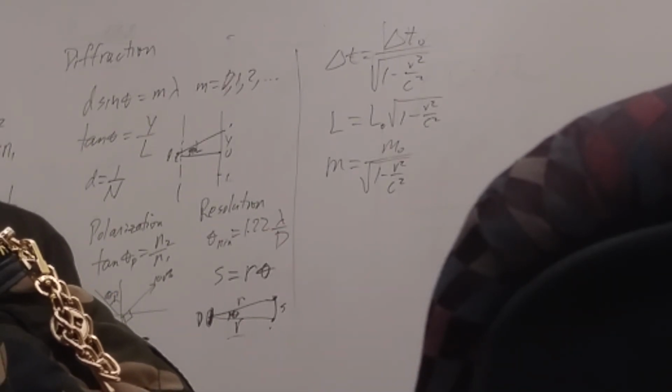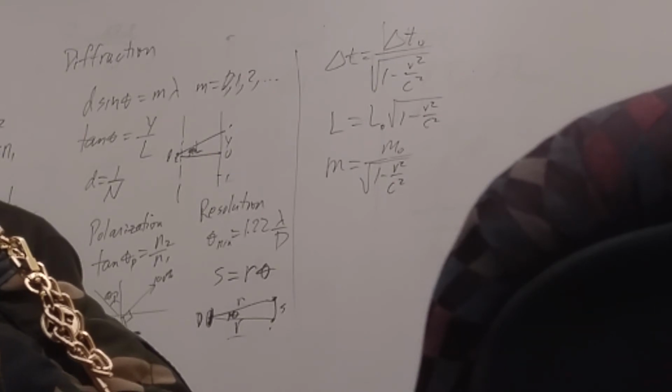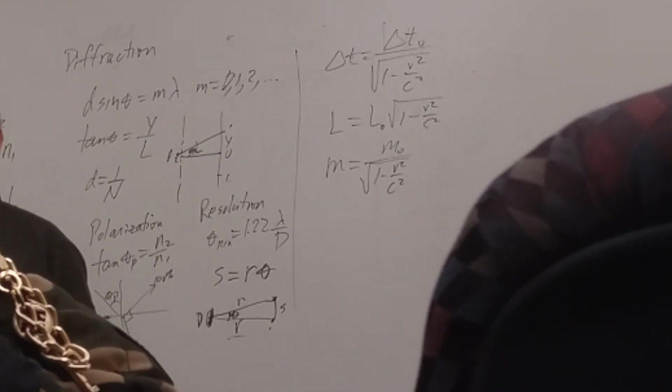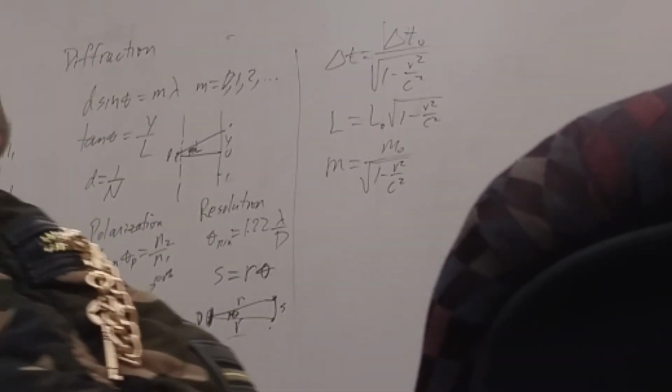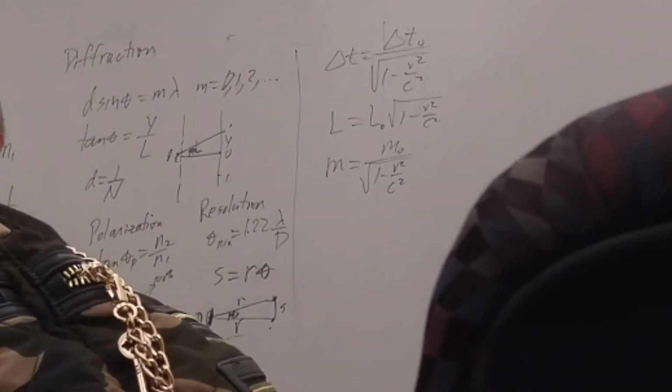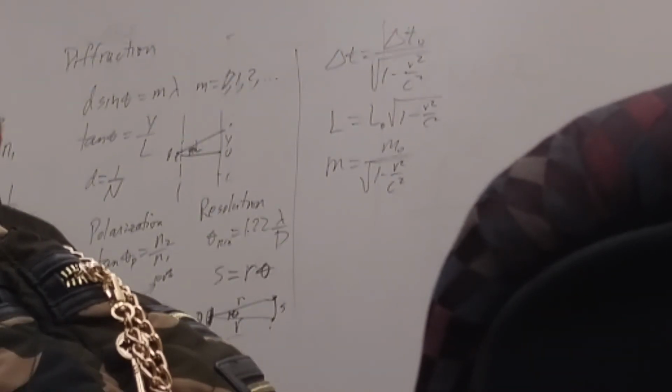But if you're on the spaceship, from your point of view, your meter stick is a meter stick. But looking at the meter stick on the Earth from the spaceship, the astronaut says the meter stick on the Earth is shorter, and his meter stick is the correct size.